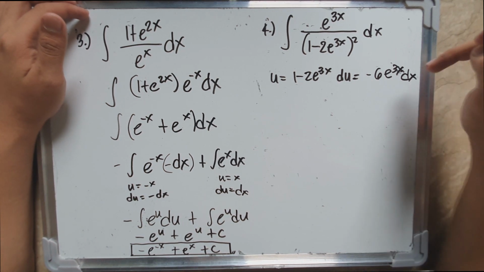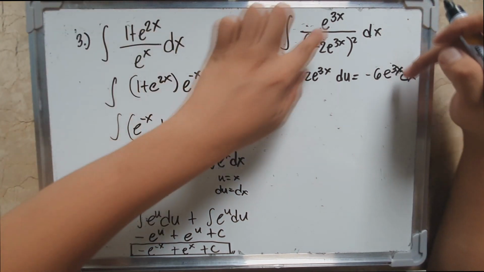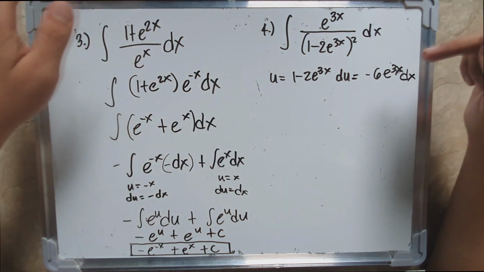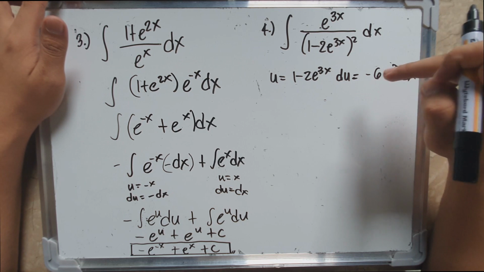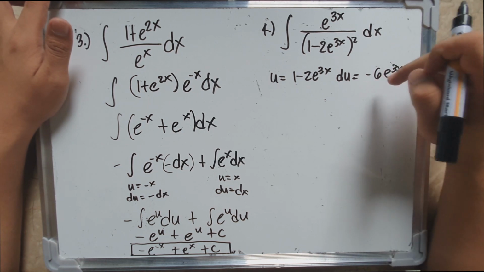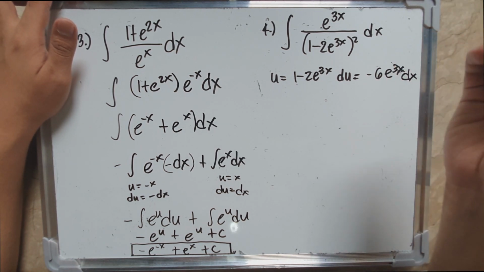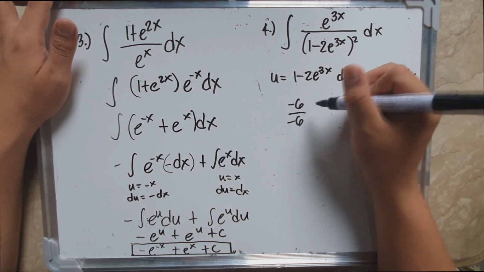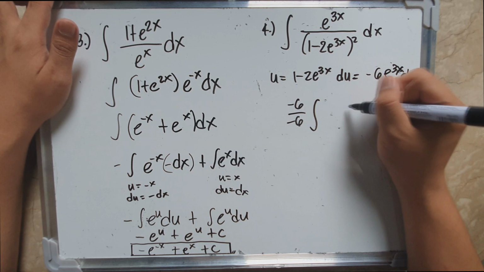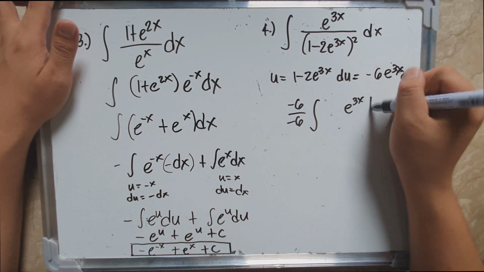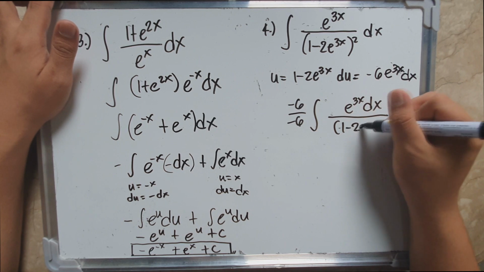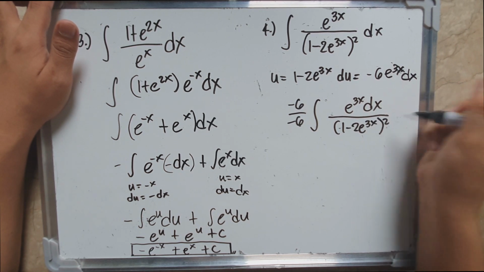If you have noticed, we have dx right here, we have e raised to the power of 3x, we only lack the value of negative 6. So we will be correcting this one, negative 6 over negative 6, integral of e raised to the power of 3x dx, all over (1 minus 2 e raised to the power of 3x) squared.